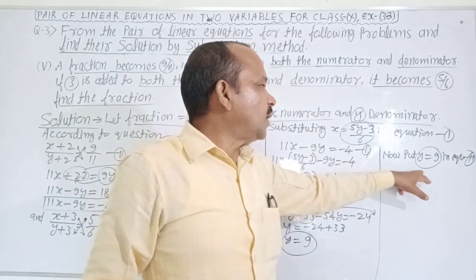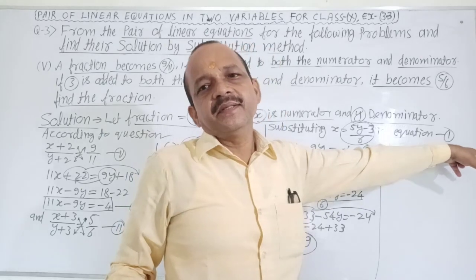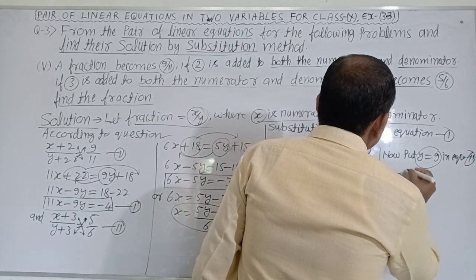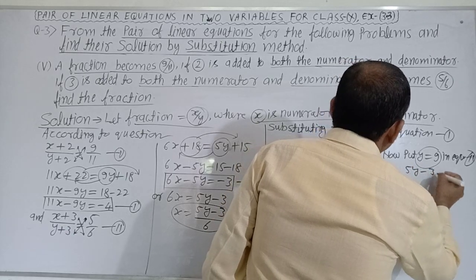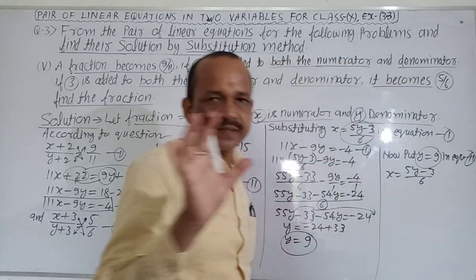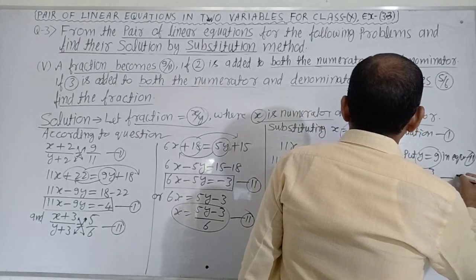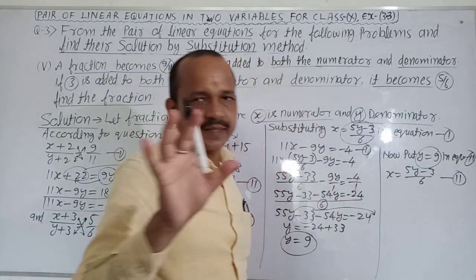Clear? Put y equal to 9 in equation second. Equation second is x equal to (5y minus 3) by 6. It is equation second. Clear?